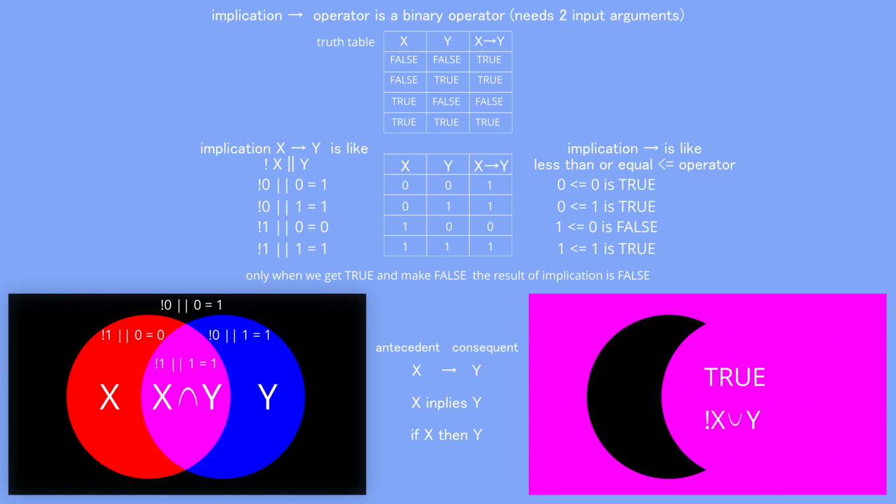From this point of view, if x is true, then y also must be true. In the set theory diagram, this corresponds to the intersection of x and y. If x is not true, it doesn't matter whether y is true. In the set theory diagram, this corresponds to the complement of x.